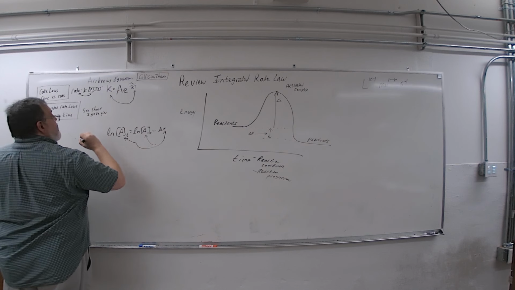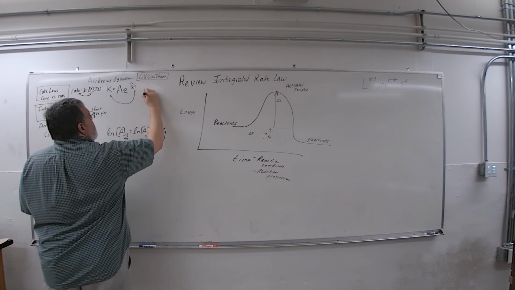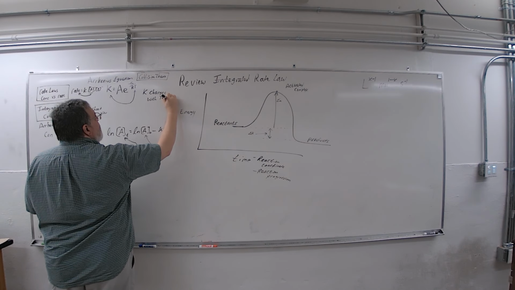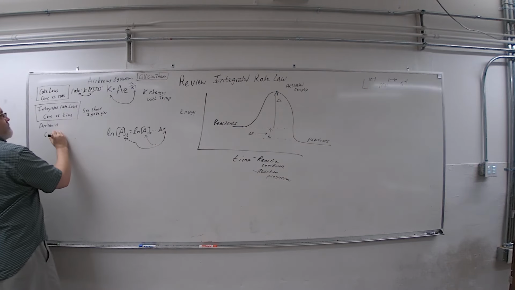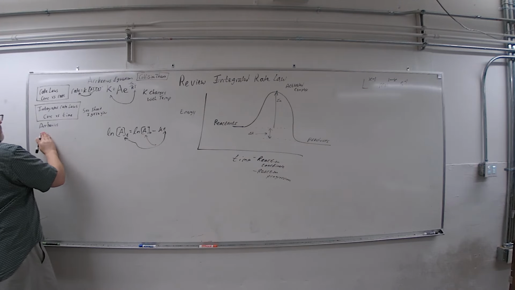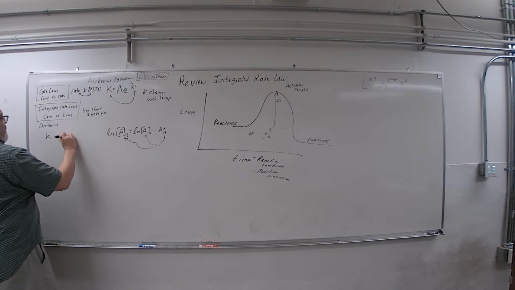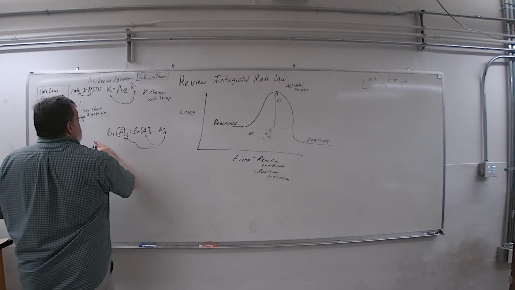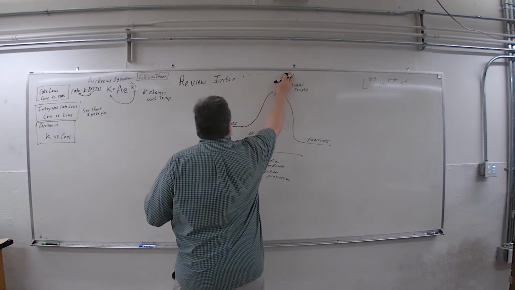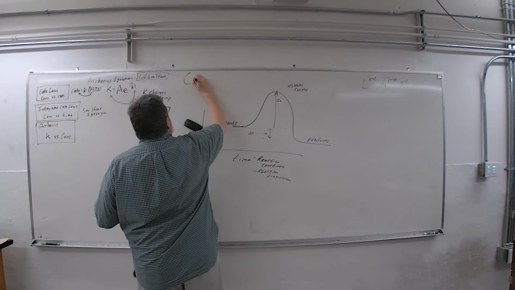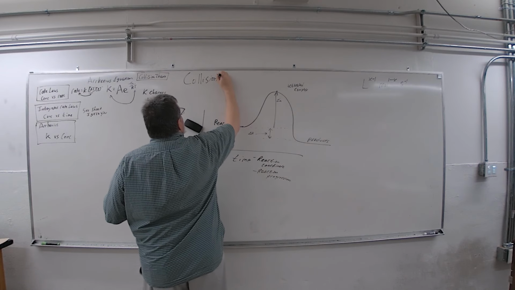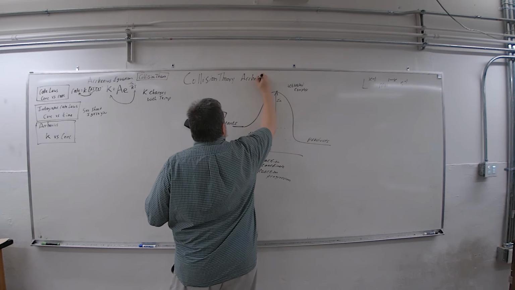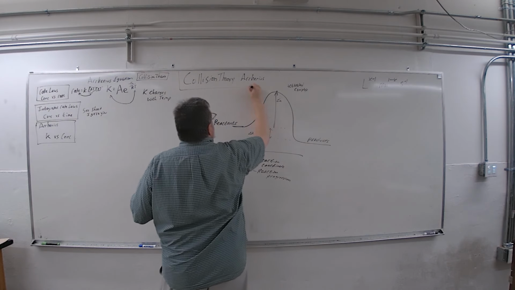So like I said, in Arrhenius, we're showing how k changes with temperature.